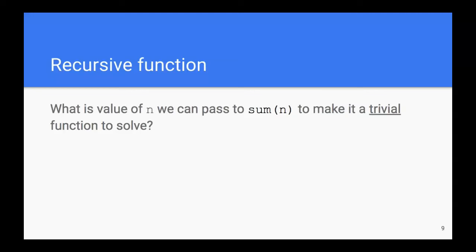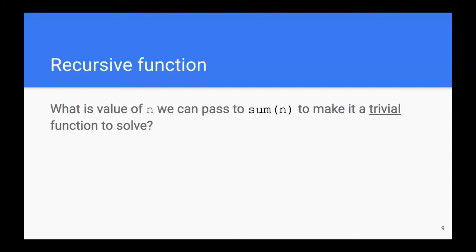What is the value of n that we can pass to sum such that it's so simple we can kind of see the answer right away? Okay, that's what I mean by trivial. So think for a moment, what is the simplest possible n for sum?